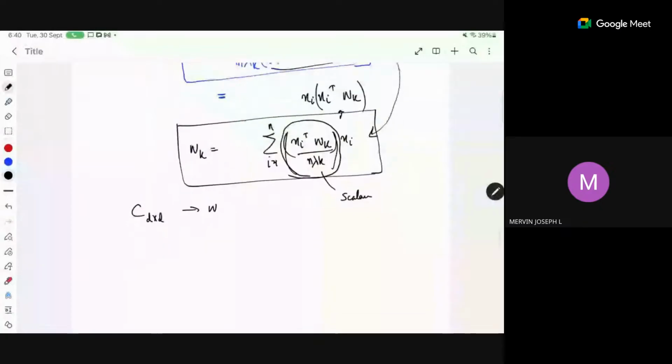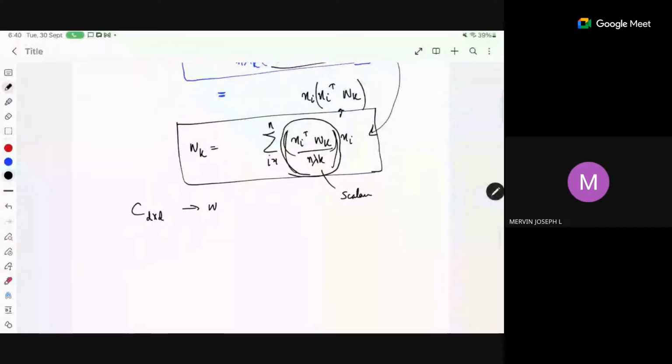So what we can say from here is that wk we can write as some linear combination of data points, where xi is my data point. So we are able to write wk as a linear combination of data points.